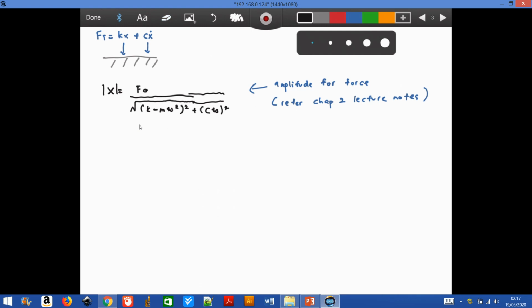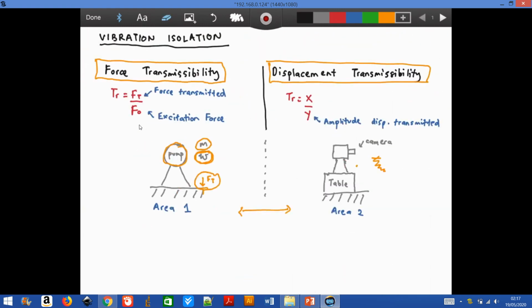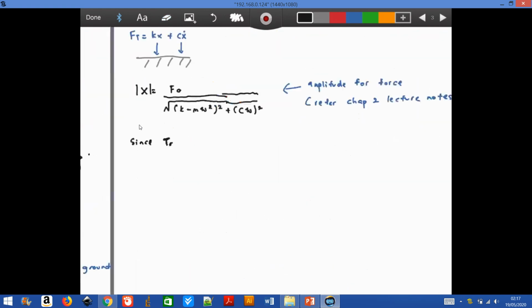So since TR, you need to be familiar with this. TR is actually the transmissibility ratio. So it is a ratio, either the force transmitted over the excitation force, or the ratio between the displacement amplitude to the excitation displacement.